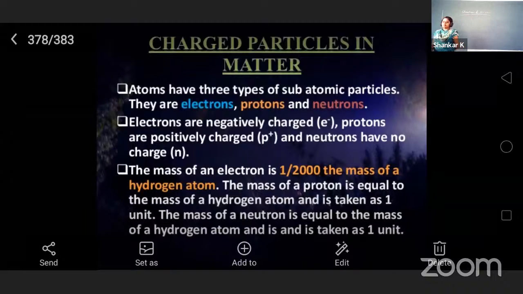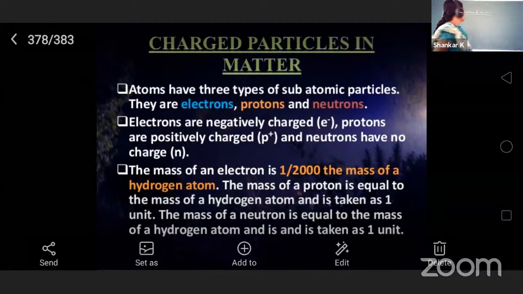Structure of the atom. So what is an atom? Elements are made up of extremely small particles called atoms. Okay. Next, charged particles in this lesson.